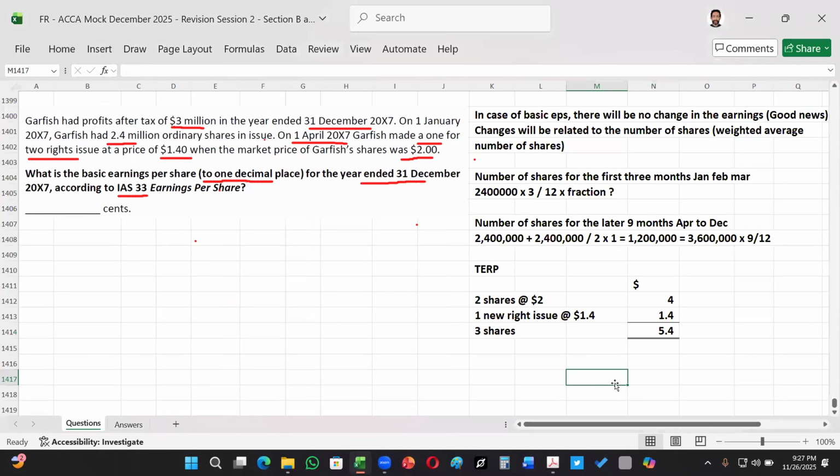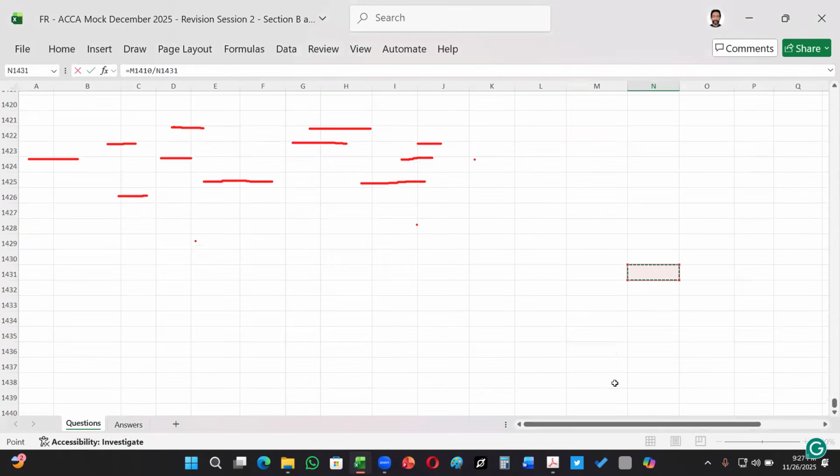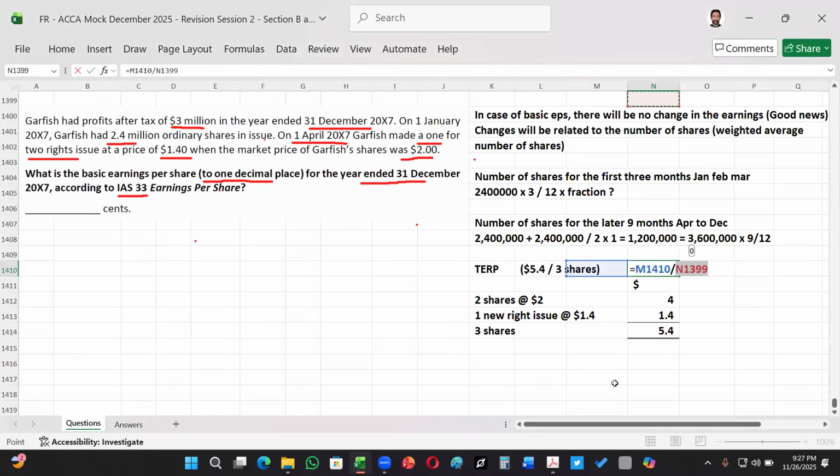This is the way to calculate the theoretical exercise price. So the theoretical exercise price is going to be this $5.4 divided by the number of shares, that is the 3 shares. The answer is 5.4 divided by 3.